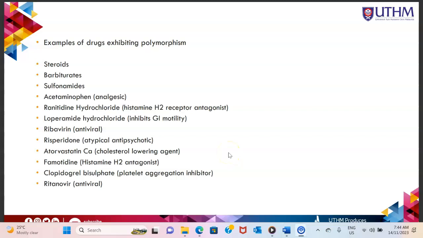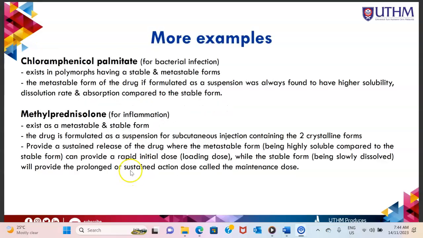These are examples of the drugs that exhibit polymorphism. So you can see steroids, barbiturates, and acetaminophen, just like paracetamol, and we have many others. More examples that we have here is chloramphenicol palmitate.